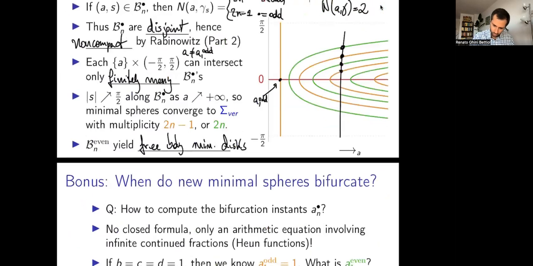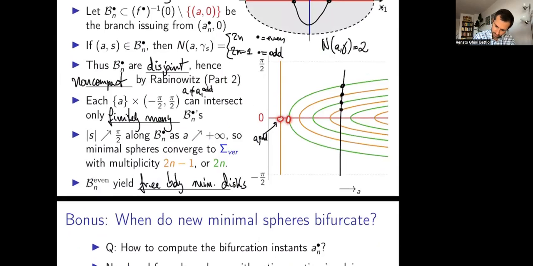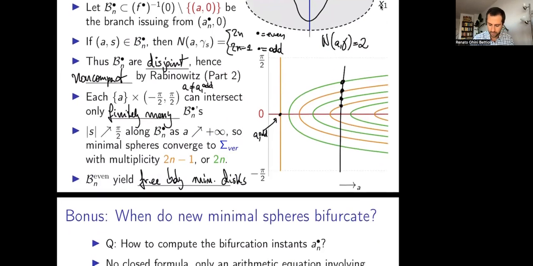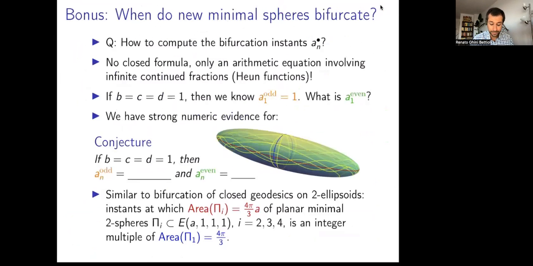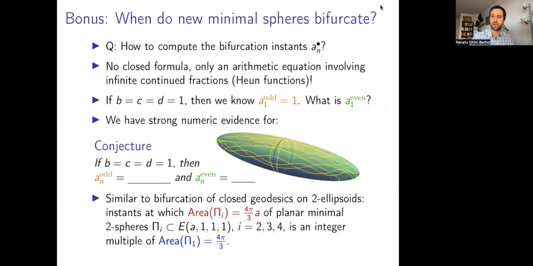Can we know the values of these sequences, A_n odd and A_n even? Unfortunately, there's no closed formula. There's, however, an arithmetic equation involving infinite continued fractions that characterizes these instants. And that's using some special functions called Heun functions. And they come from that singular Sturm-Liouville problem that I discussed.